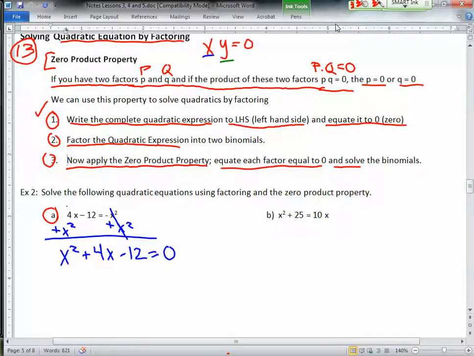The next step is just to factor this just like we were doing during the warm-up. So I'm going to say A is equal to what? B is equal to what? C is equal to what? In this case, A is 1, B is positive 4, and C is negative 12.